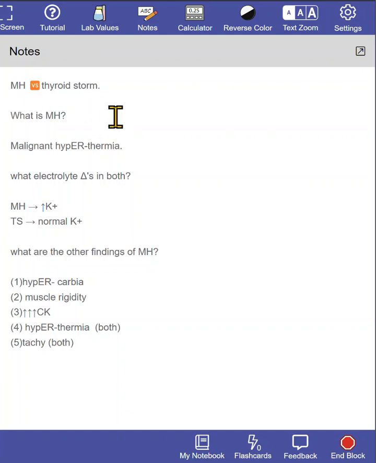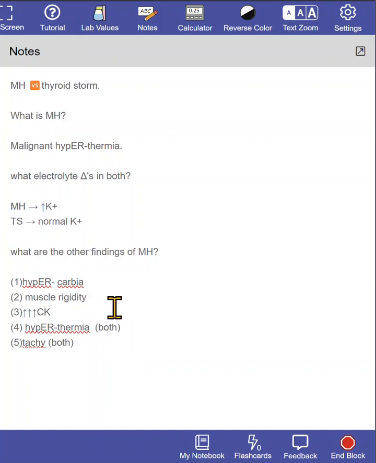MH versus thyroid storm. So what is MH? It's malignant hyperthermia. What electrolyte changes in both? So malignant hyperthermia, increased potassium, versus TS, which is thyroid storm. You have hyperthermia, muscle rigidity, increased creatine kinase, and you can have hyperthermia for both. You can have tachycardia for both.